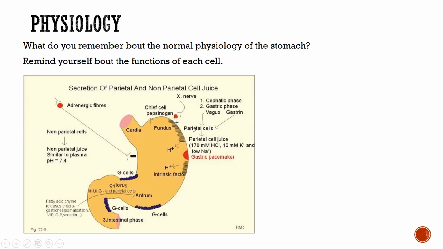The parietal cell produces hydrochloric acid, which is very much needed for absorption, and it also helps with immunity. The G cells produce gastrin. Gastrin stimulates the parietal cells to produce hydrochloric acid. Parietal cells also produce the intrinsic factor, which helps with absorption of vitamin B12, as you know. Most probably you learned that in your hematology classes.